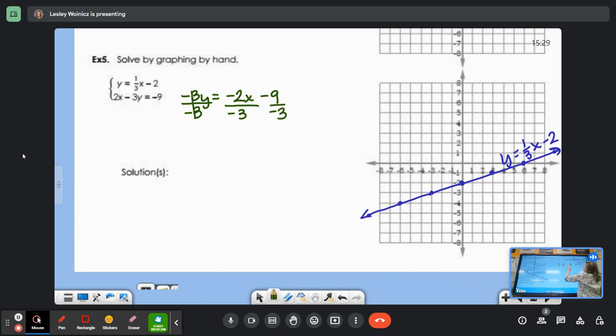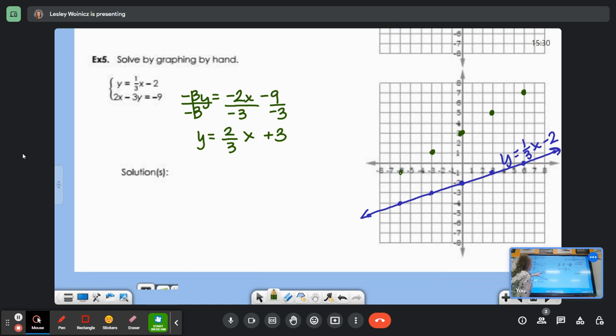Okay, so that gives me y equals positive 2/3 x plus 3. So my y-intercept, my b, is 3. I'm going to rise 2, run 3, and then I can go backwards down 2, back 3.